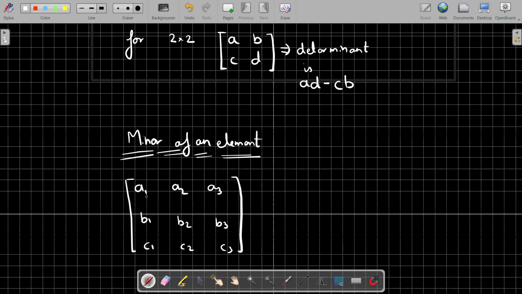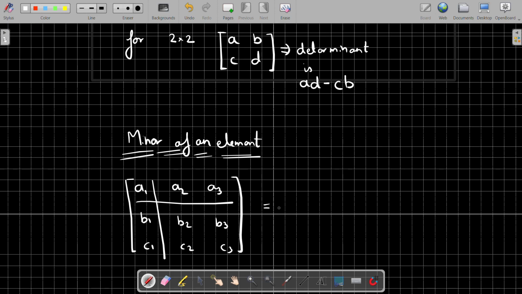So let's say I want to find the minor of element A1. What will we delete? We will delete row 1 and column 1. Now we are left with the matrix B2, B3, C2, C3.